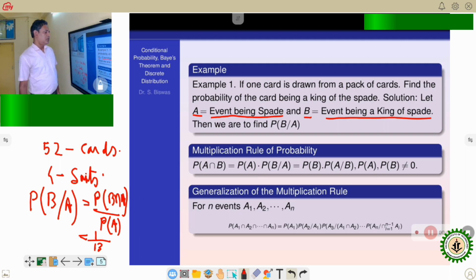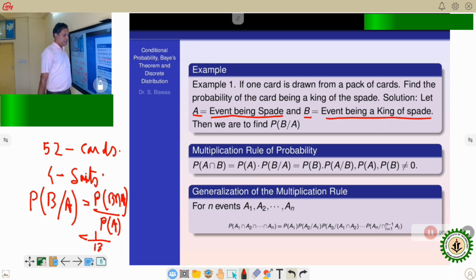Okay. Now, another implication of the conditional probability is the multiplication rule of probability. Now, what is the multiplication rule of probability? Multiplication rule of probability plays a significant role in the later development of what we call the Bayes theorem also.